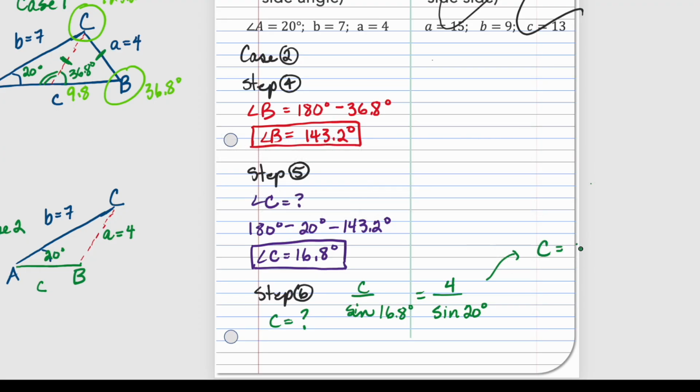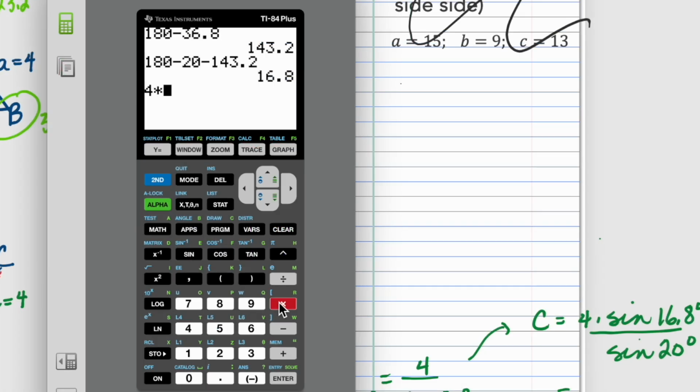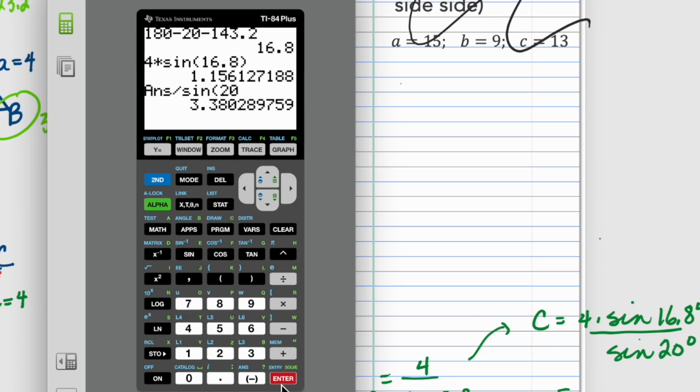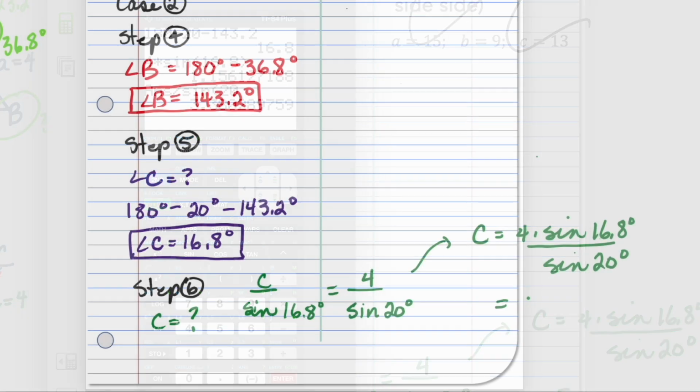C is going to be 4 times sine 16.8 over sine of 20. 4 times sine 16.8 equals, divided by sine 20, 3.4.